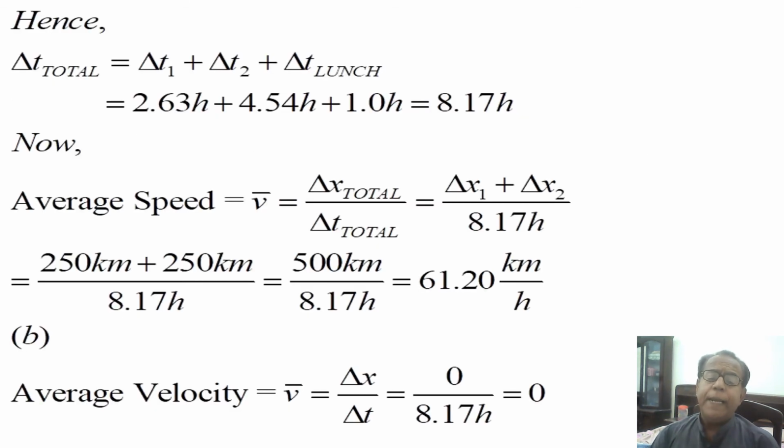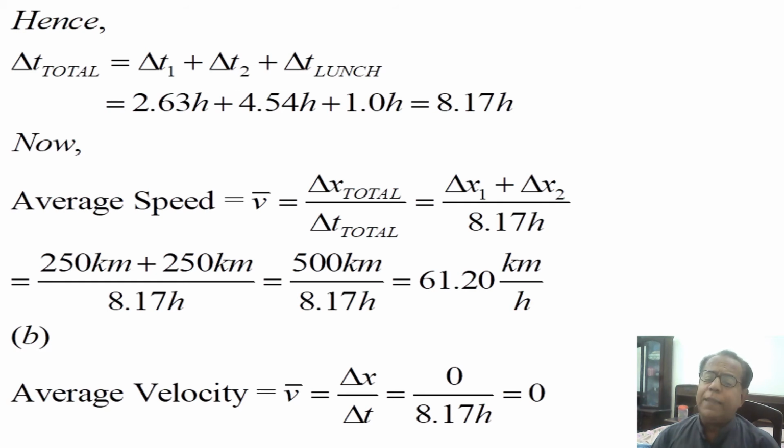Hence, delta t total is equal to delta t1 plus delta t2 plus delta t lunch. Here we have calculated both delta t1 and delta t2, while delta t lunch is already given in the statement.